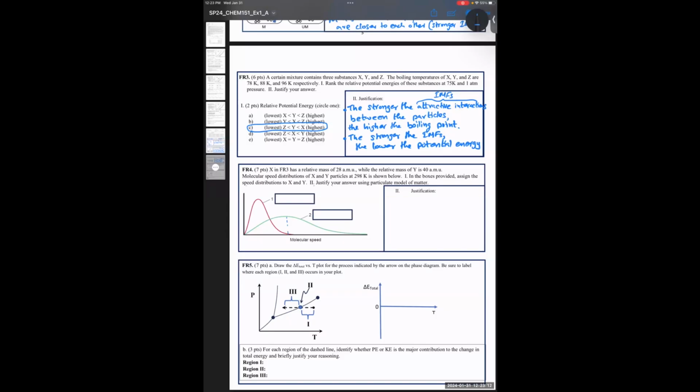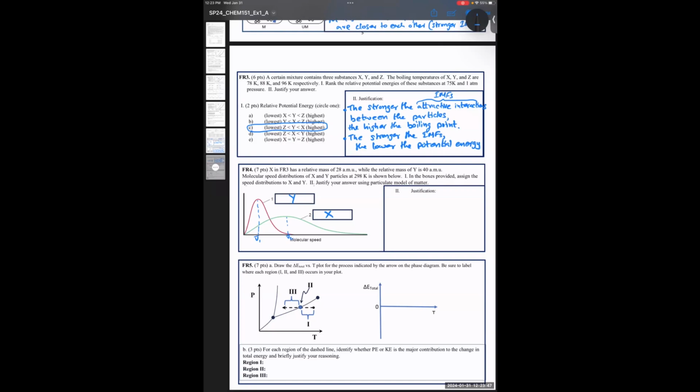This is the 2 average speed, let's say V2 average, and then average speed for 1 is lower. So the particles with higher average speed must have a lower mass. Therefore, the second distribution must be X, and the first one must be Y, because Y is heavier, therefore it's going to be moving slower than the X particles for them to have the same average kinetic energy.